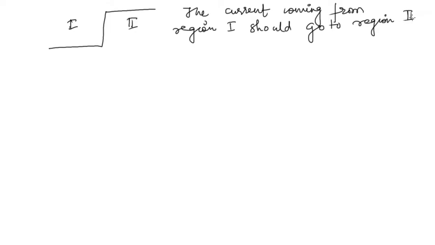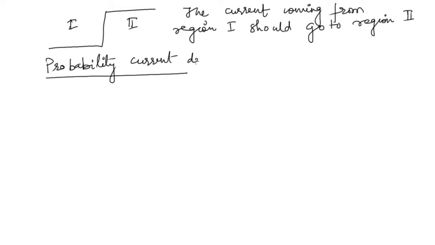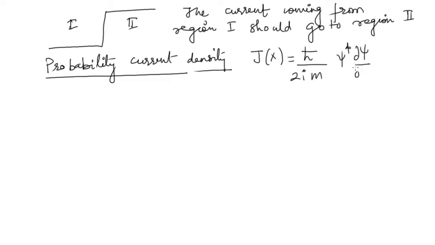So we can write that, and from the last lecture we have derived that the probability current density at some point x, that is j of x, is given by h cross upon 2im, psi star del psi by del x minus psi del psi star by del x.